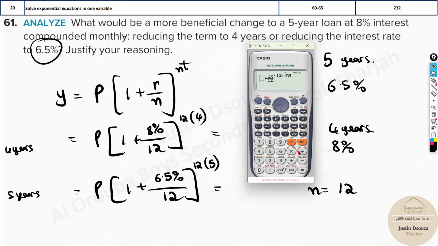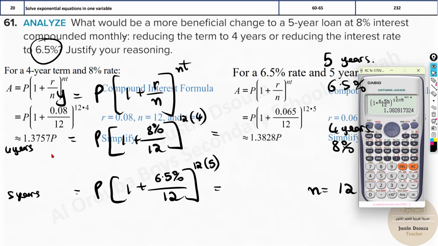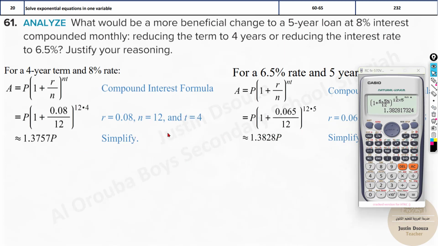The years is 5, and we have over here 6.5%. The answer is 1.382. See, let's just go to the answers. 1.375 and 1.382 times the principal. So now which is greater and which is smaller? If you pay for 5 years, it's going to be 1.38 times whatever the amount of principal.